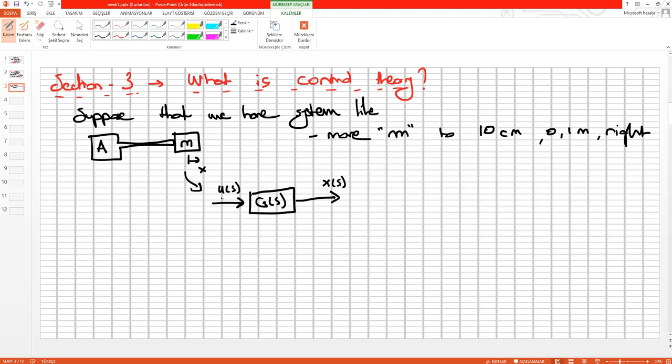What is the U(s) value here? No, this is the input value, but what's the type of this U(s)? For example, X(s) is in terms of position values. It represents the position, but what is the type of the U(s) here?